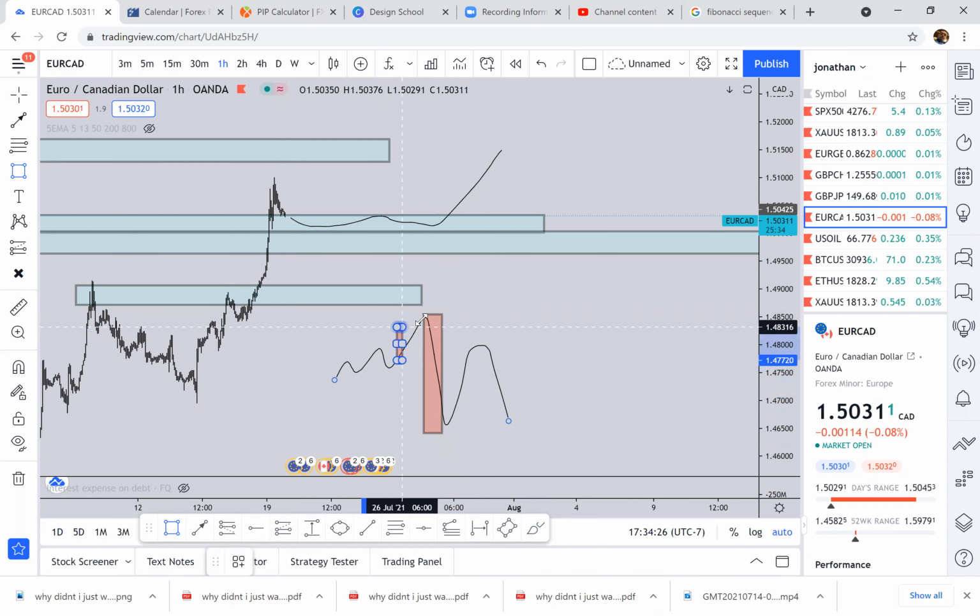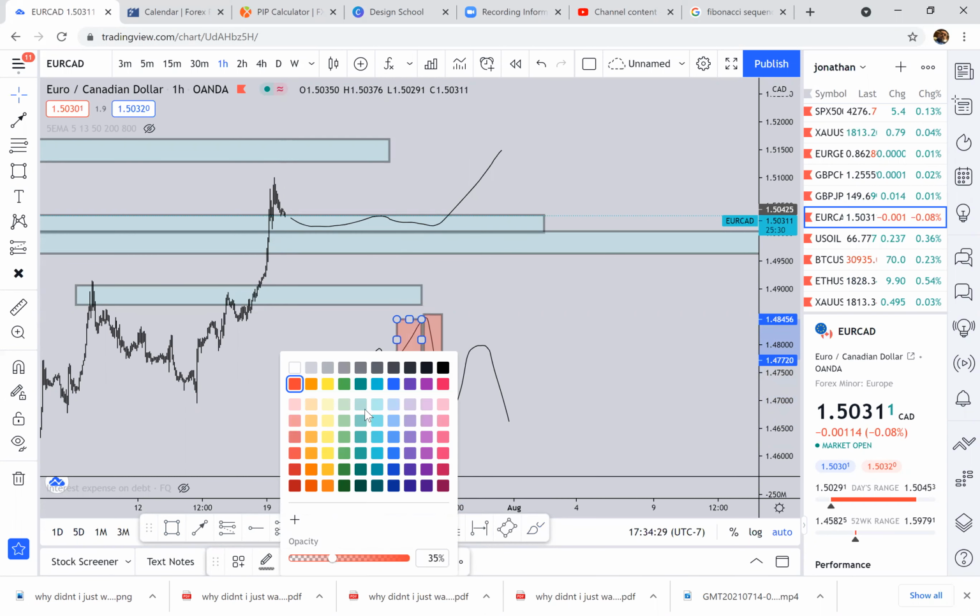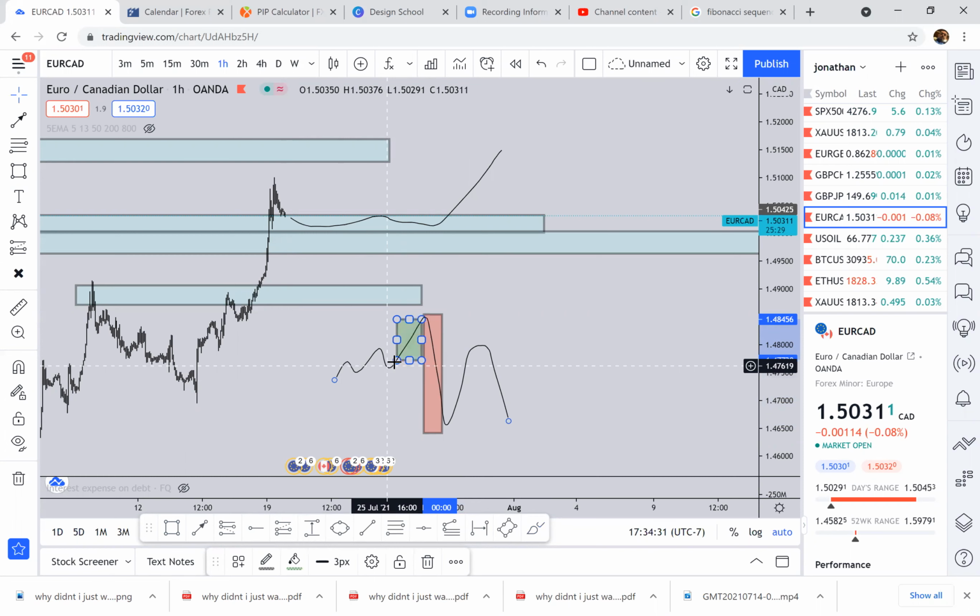We'll just do green, that way it's pretty simple. So let's say that this is the actual order block here. This is the block where it's a bullish to a bearish candlestick immediately. See how it's bullish? Let's say that we had another one previous here that was somewhat bearish.